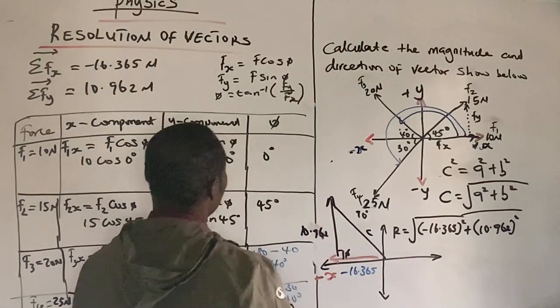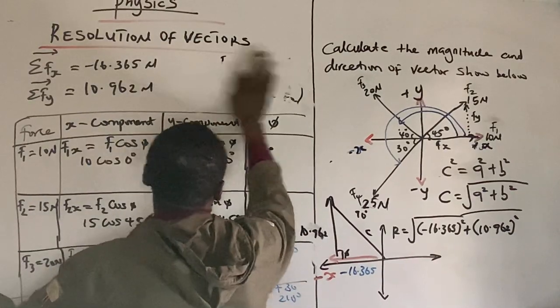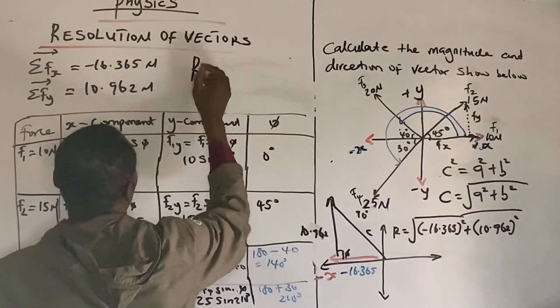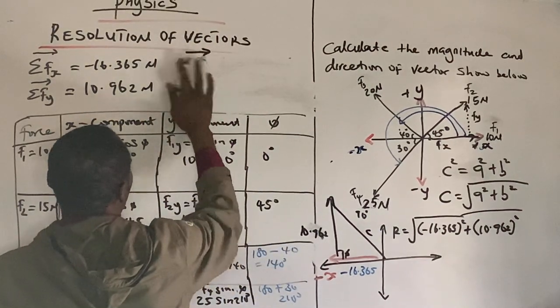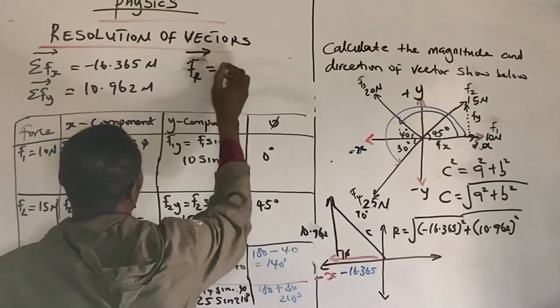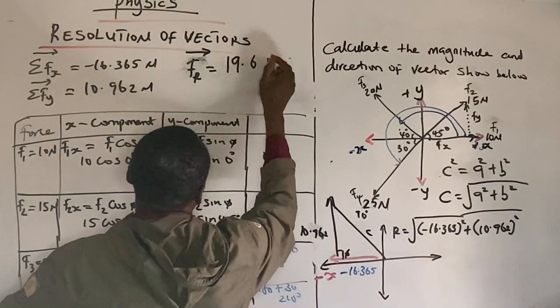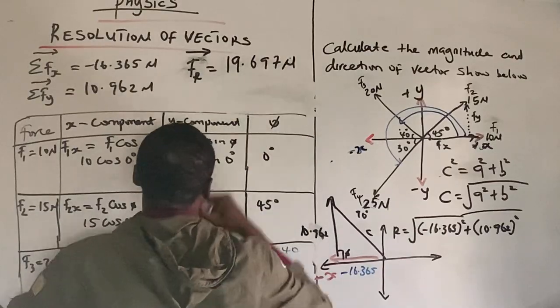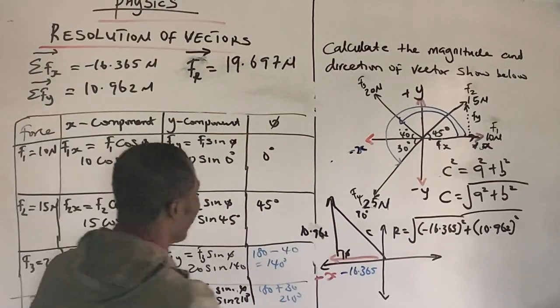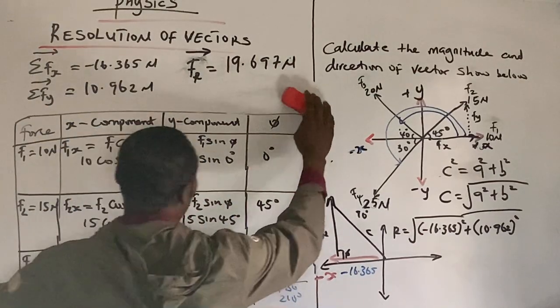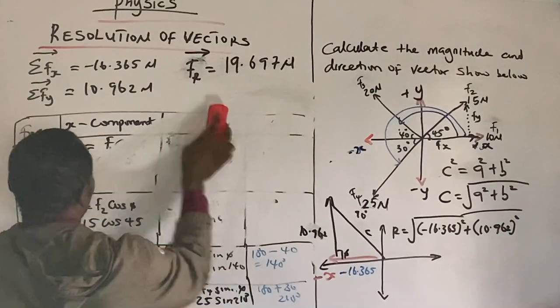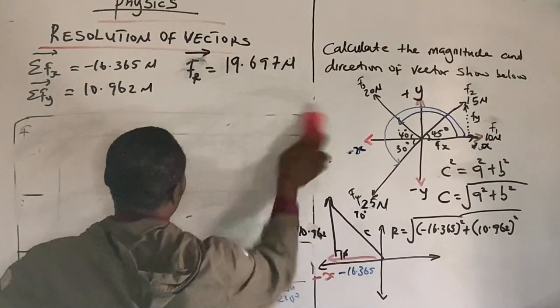My answer, my resultant force, is 19.697 Newton. So that's what I have. If you want me to get my theta, my angle of inclination, I think I should be cleaning up some of these. Let's clean up some of these so that we can make space for ourselves.